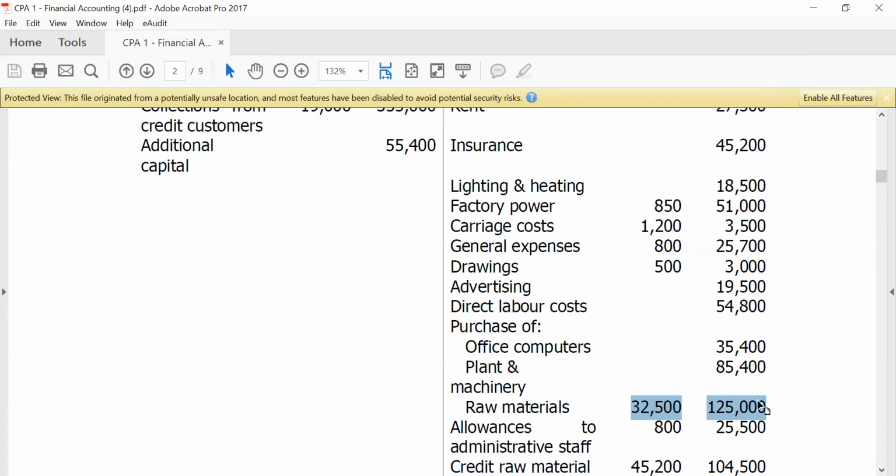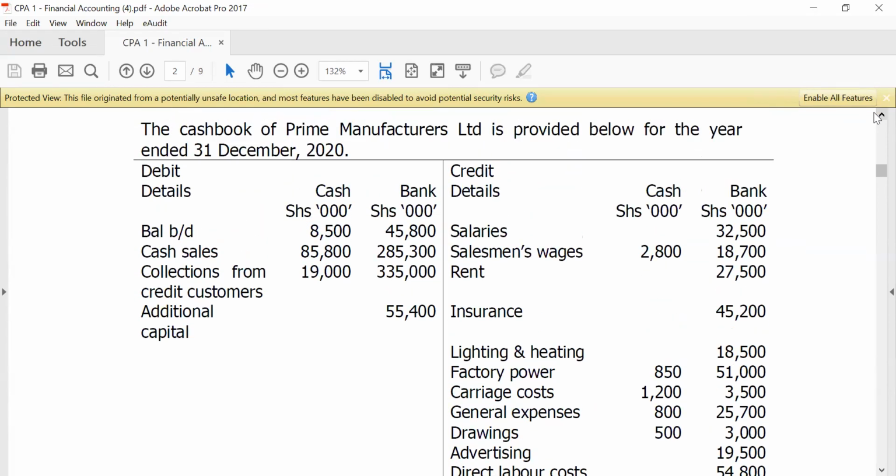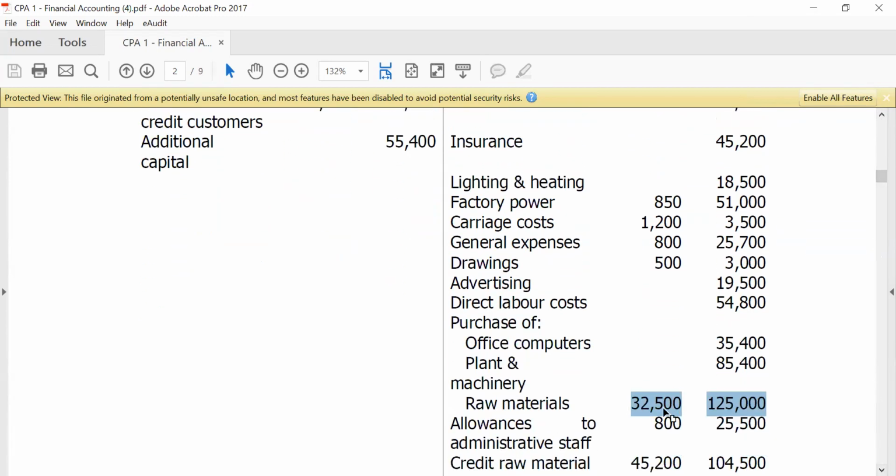They will not appear under this cash book, because this cash book is only recording things that were either paid by cash or bank. It does not include anything that was on credit.